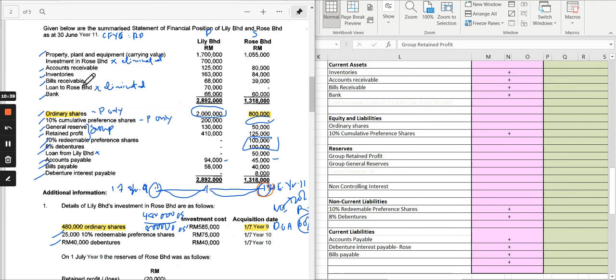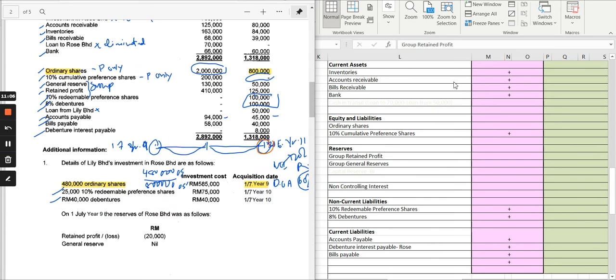Big no, as I said, to the investment in Rose because it is being eliminated, and also no portion of the subsidiary's ordinary shares, as well as any preference shares, will be included in the consolidated financial statement, because we are going to eliminate and only report the one of the parent.